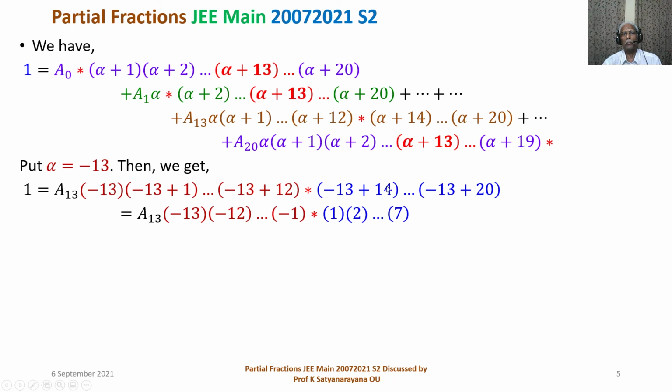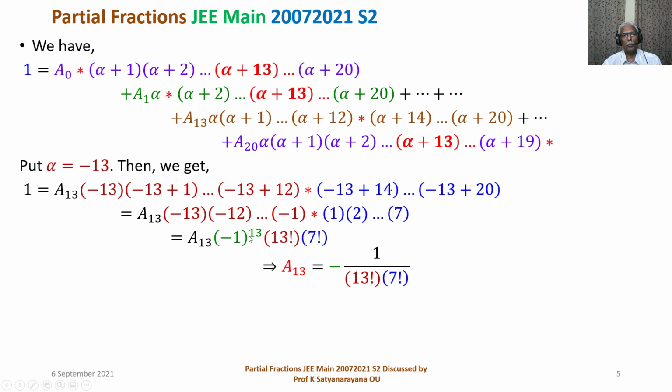Minus 13 plus 14 will be 1, minus 13 plus 15 is 2, minus 13 plus 20 is 7. So these are 13 in number; the minus signs are 13 times. It will be a13 into minus 1 to the power of 13 into 13 factorial, since 13 into 12 into ... up to 1 is 13 factorial, and 1 into 2 into ... up to 7 is 7 factorial. Therefore, a13 will be equal to minus 1 by 13 factorial into 7 factorial.